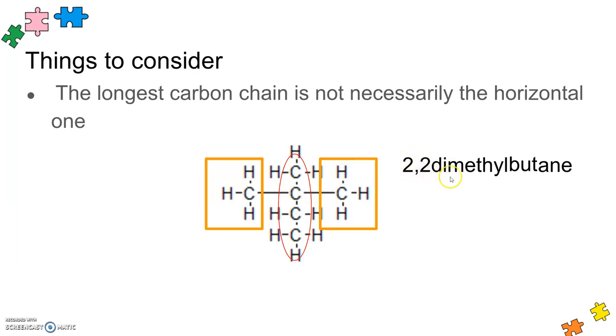If there's a dimethyl, before the di there must be 2 numbers because I need to indicate the position of 2 methyls. If it was trimethyl, there must be 3 numbers in front here. Oh, I made a small mistake here, which I'm going to look at later on, but let me just quickly correct that. There, I've corrected my mistake.